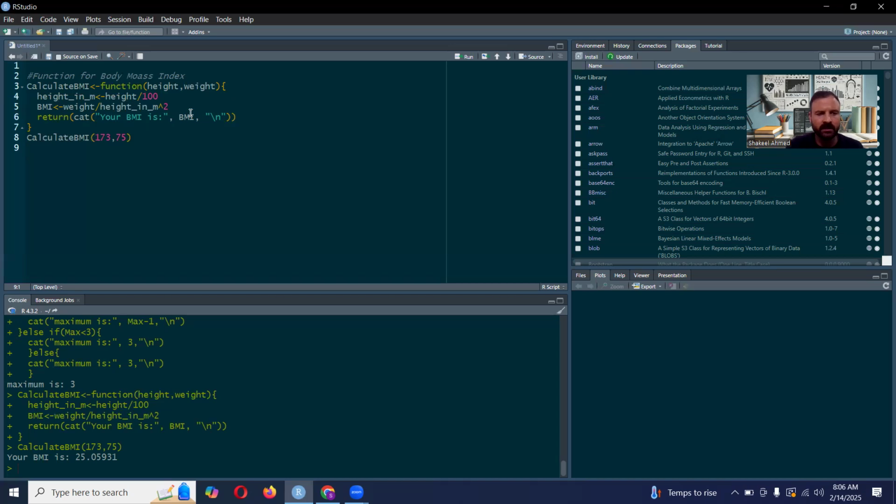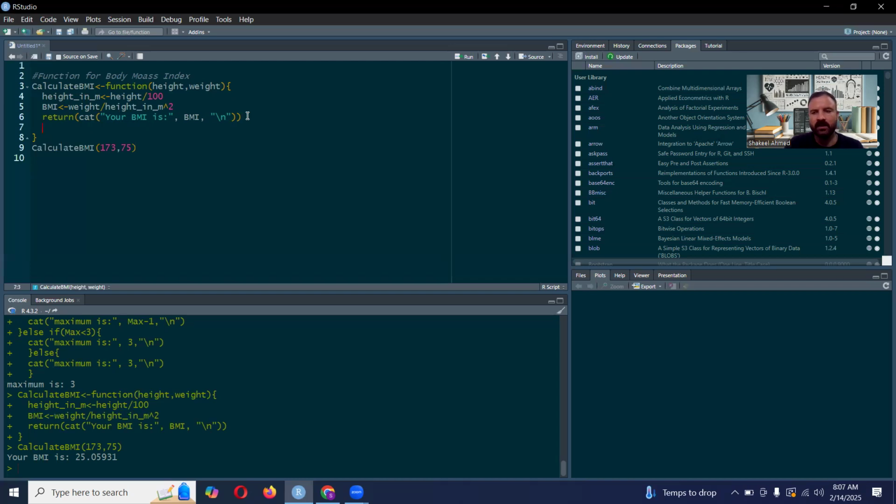So we can just categorize the BMI and show how we can tell whether you are obese, overweight, underweight, or normal. So you can just start with the function.